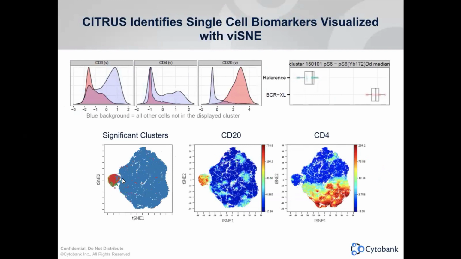You are able to overlay that cluster back onto your viSNE map. And once it's on the viSNE map, you can highlight with a third channel to check the expression of some lineage markers like CD20. You'll see the most significant cluster belongs to B cells. You may also turn on phospho-S6, which is not shown here, to see the expression level of that particular cluster.